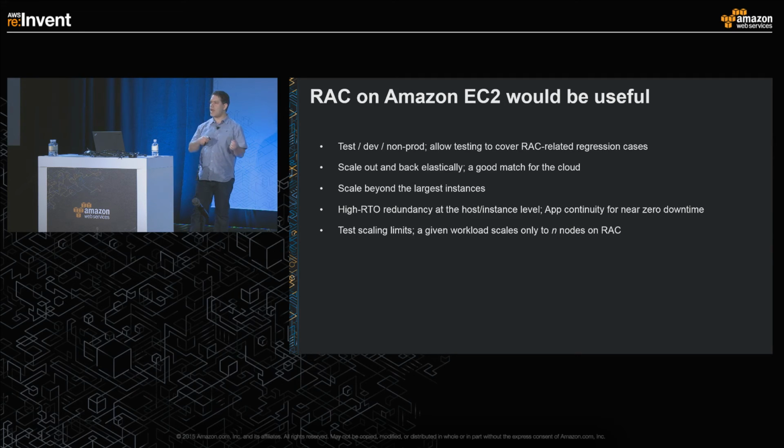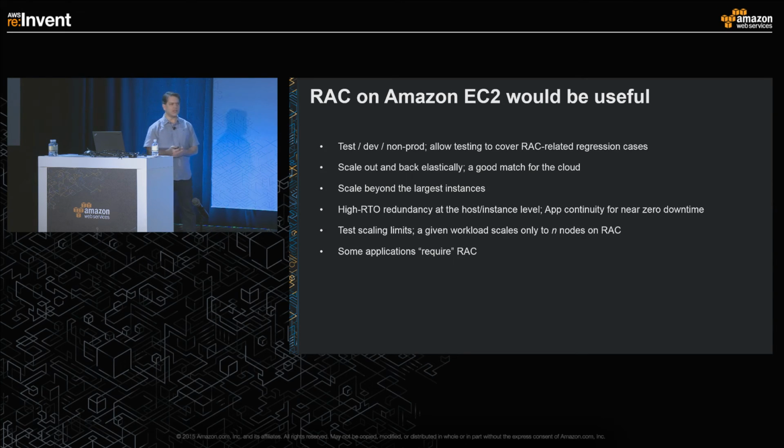At what point is adding nodes to the RAC cluster going to stop scaling their workload and start causing it to scale inversely, which will happen at some point in most workloads. If you could create lots and lots of nodes of RAC and point your workload at it in a virtual environment, you could test this question without buying all that physical hardware, and find out at what number of nodes your workload begins to scale inversely. And so that's another great use case for running RAC on EC2.